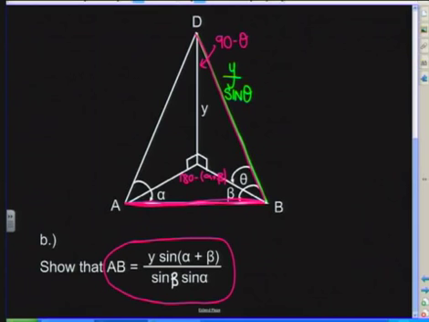What do we have over here? There's actually one more angle that I can find. Let's make it a different color. I know that that whole angle over there is alpha, and I know that this whole angle over here is beta. So therefore, do you agree with me that this whole angle over there is 180 minus alpha plus beta? That's the whole angle over there.